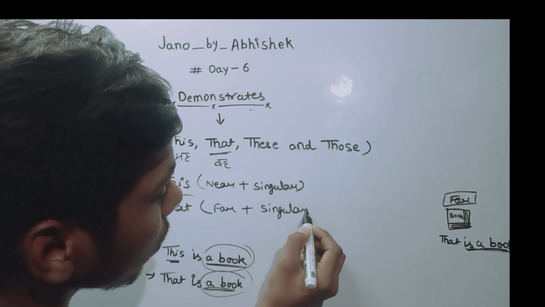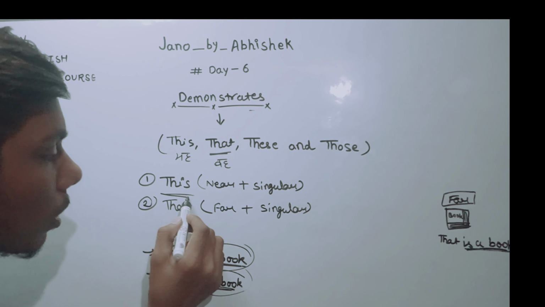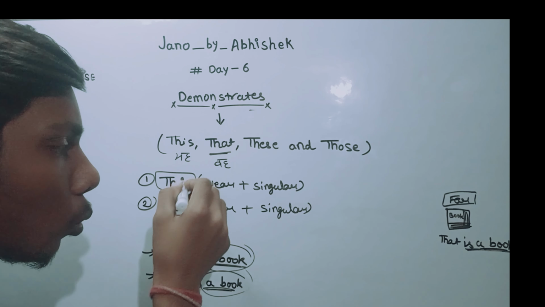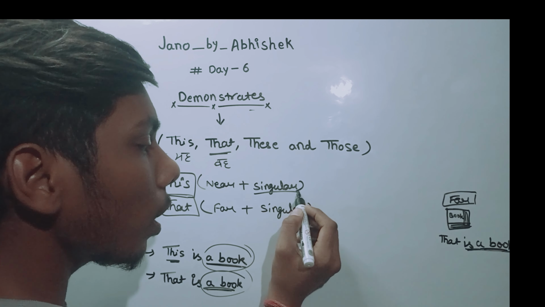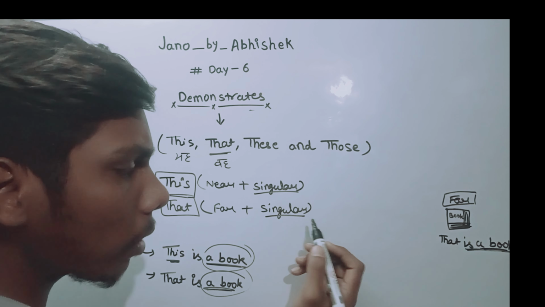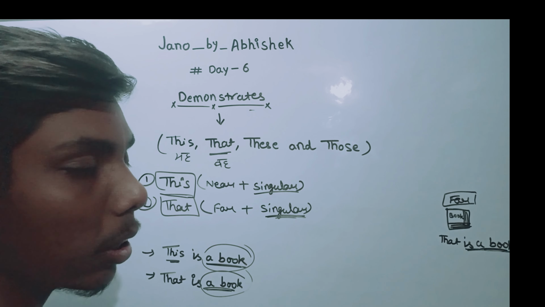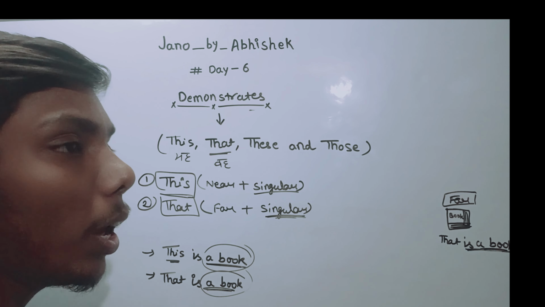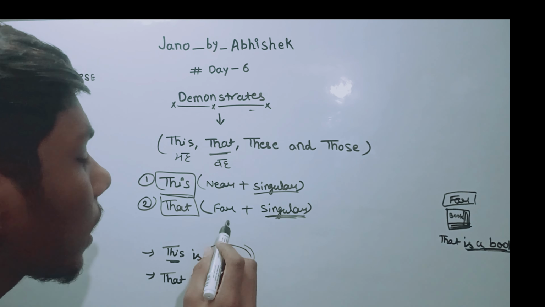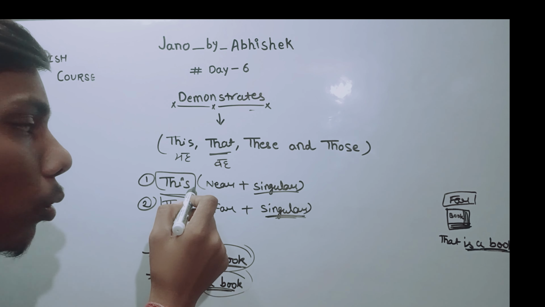So these two words, this and that, we use when the thing or the person is in singular form, meaning only one. In that case we will point them out by using this and that.